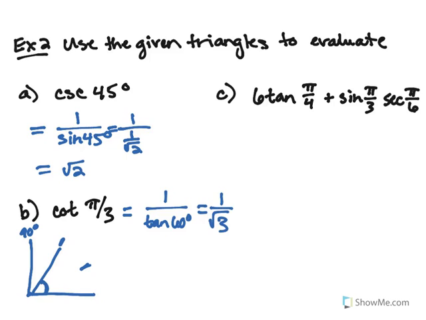And what do we have to do to 1 over the square root of 3? We've got to rationalize it, right? So what do we get when we rationalize that? We multiply by root 3 over root 3, giving us square root of 3 over 3.